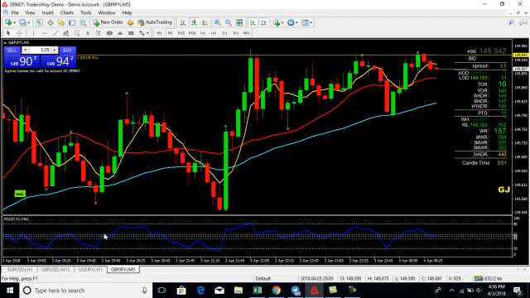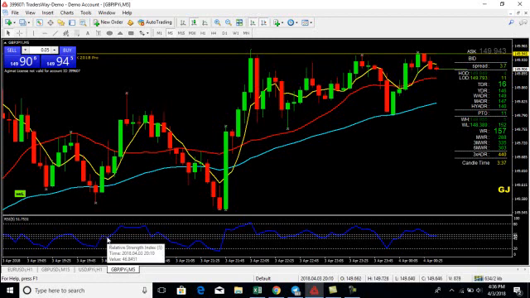I call this the no trade zone. So if your line is here and you say, hey, I don't know if I want to get in a buy or sell, never trade in the no trade zone. So if the line is inside of this 50, 55, 45 area, you wait for it to come out, whether it's going up or down, before you place your trade.